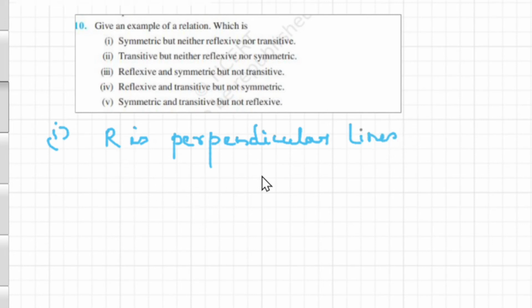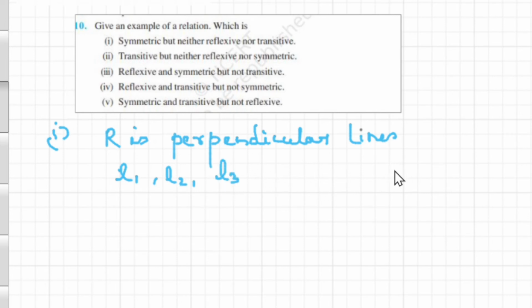Let us consider L1, L2 and L3, three lines for this problem.